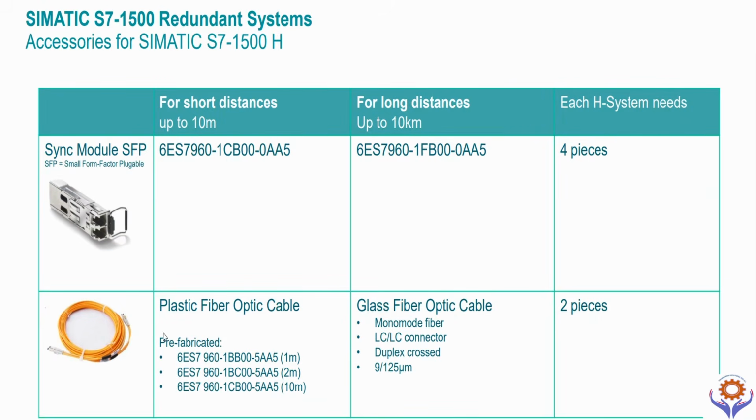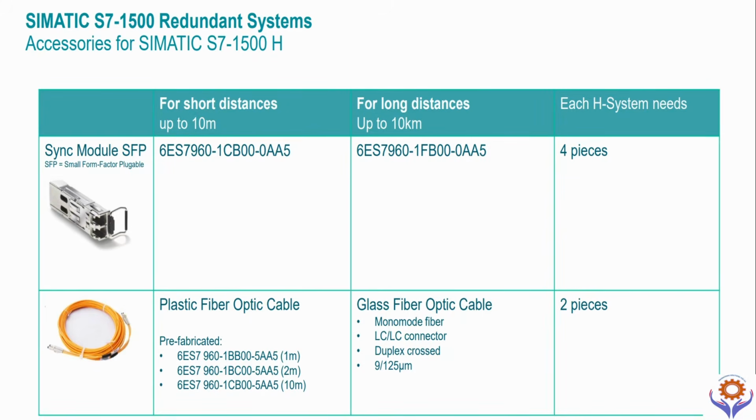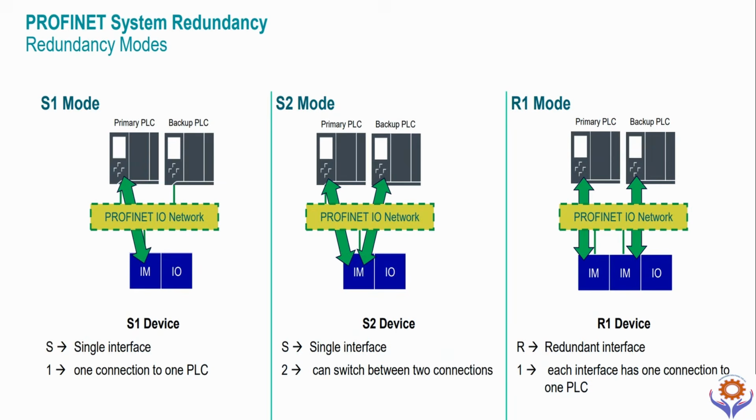And the accessories for Simatic S7-1500 for high availability are the synchronization module SFP, which is small and for plugging, and we can also use fiber optic cables.